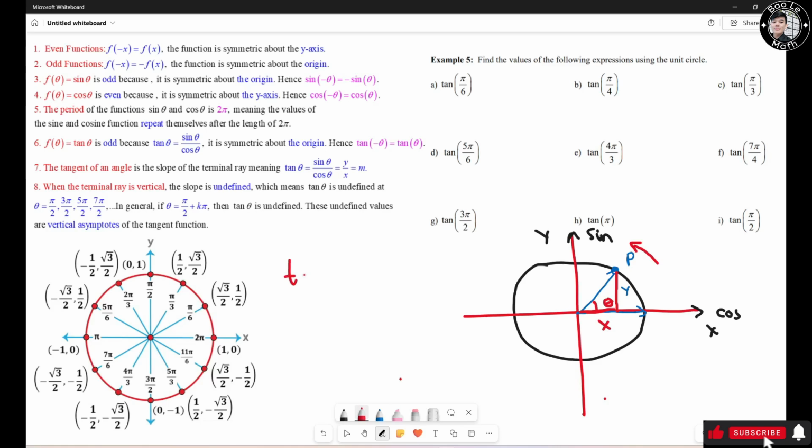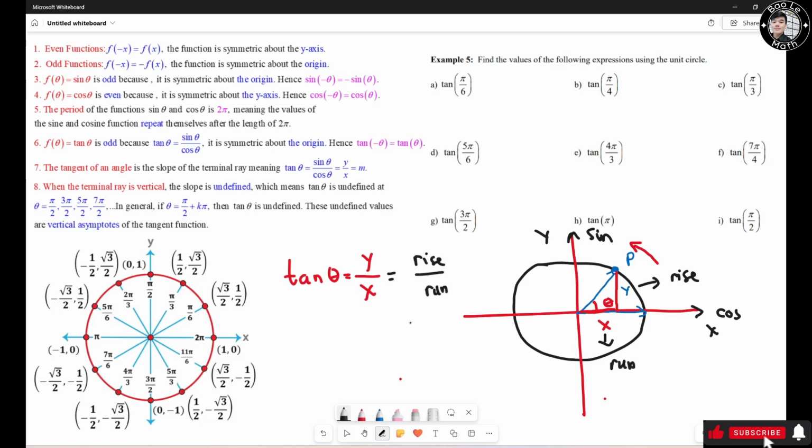Tangent theta is opposite over adjacent. Opposite is y, adjacent is x. So y is the rise and x is the run. So this is actually rise over run.